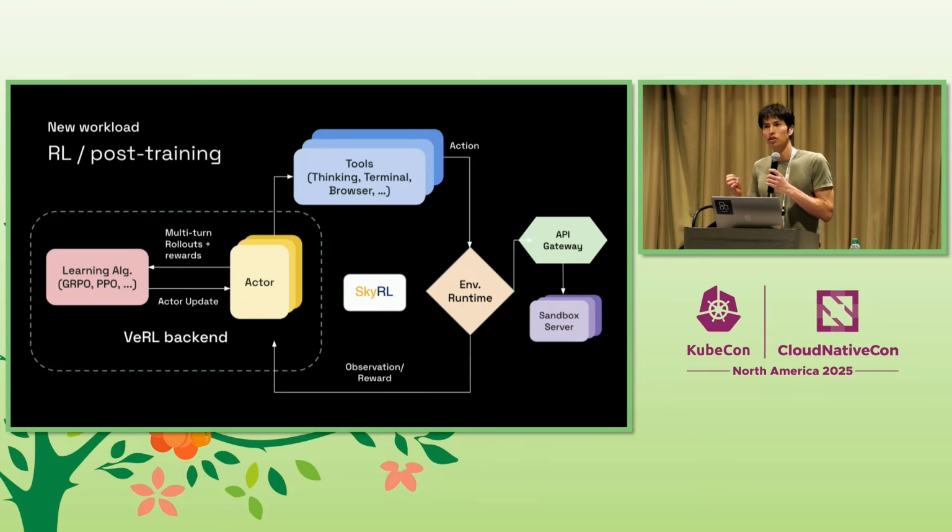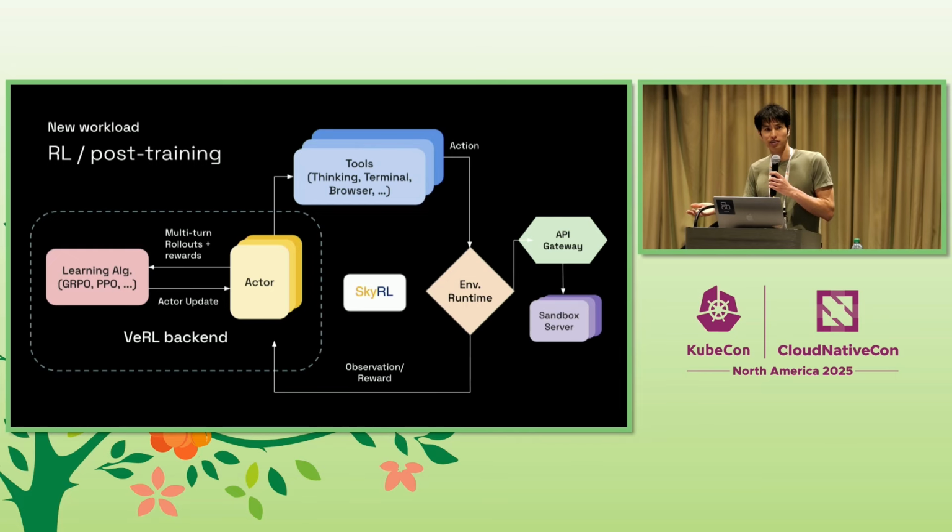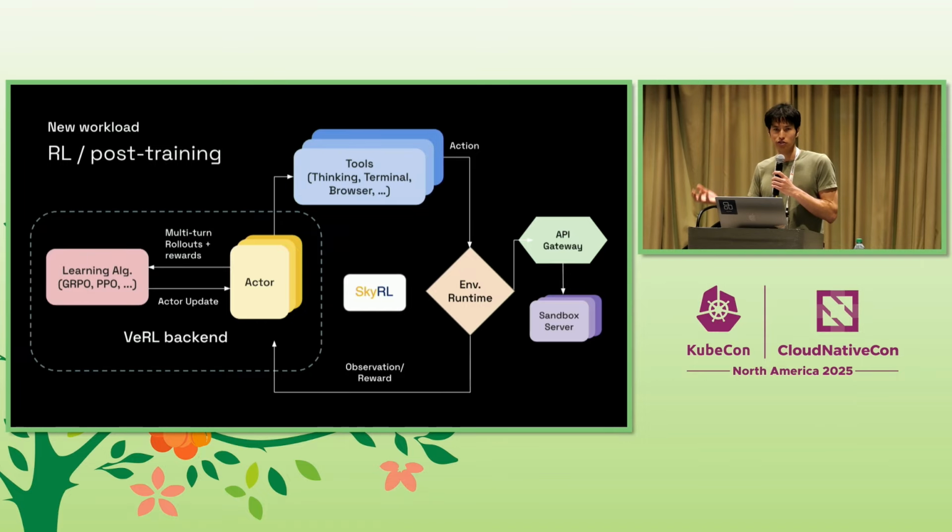But you're also using the model to generate new data, and then you use the new data to update the model. So how do you generate new data? It's actually a mixture of running inference on the model, perhaps with a framework like vLLM or SGLang, and that model is interacting with some environment.